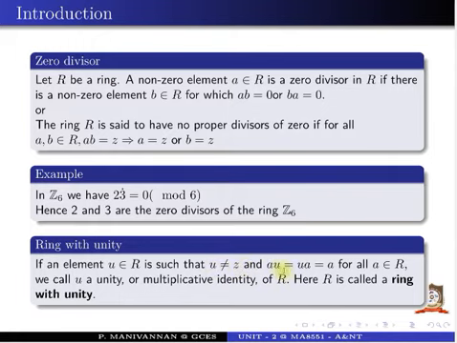And a·u equal to u·a equal to a, so then u is called the unity or multiplicative identity of R. Since the ring has a unity element, the ring is called a ring with unity.